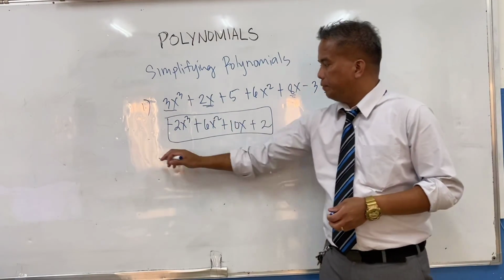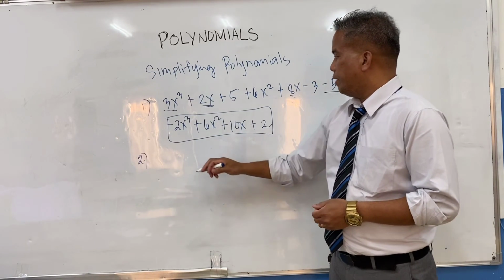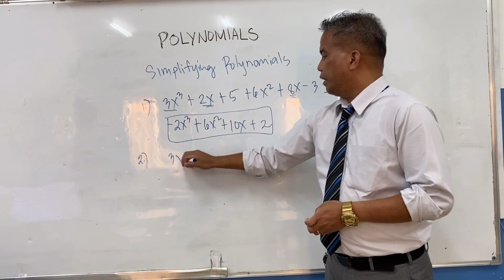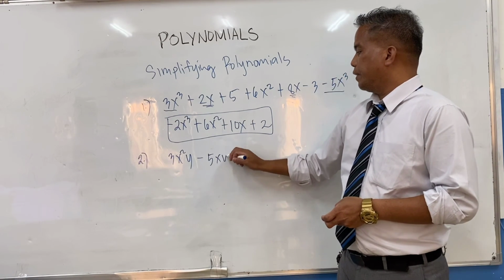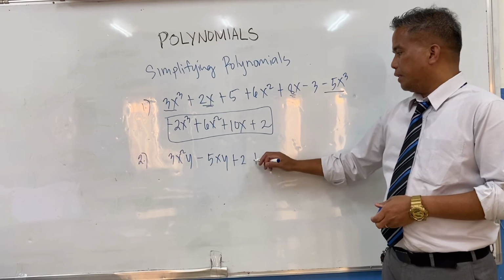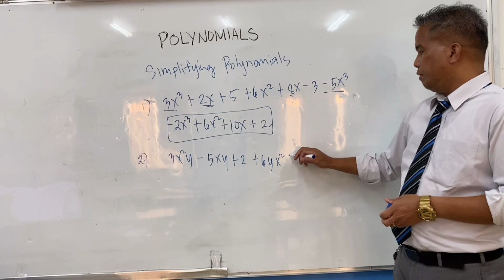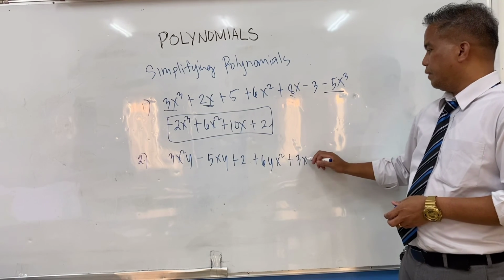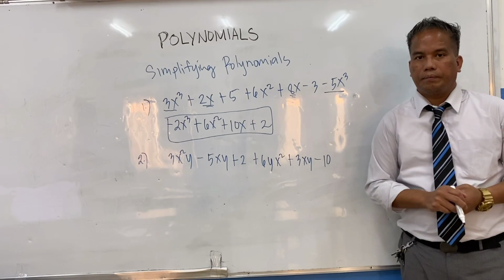Another example. Let's have 3x squared y minus 5xy plus 2 plus 6yx squared plus 3xy minus 10. Okay?